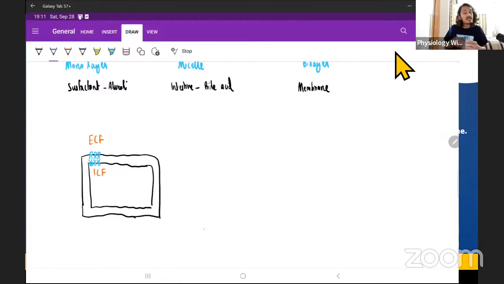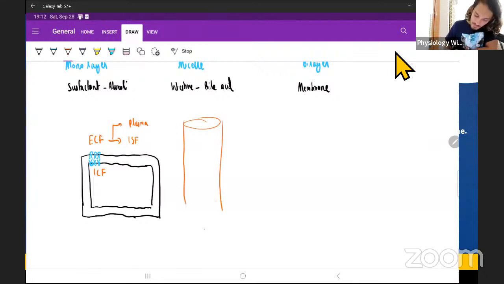And this extracellular fluid can further be divided into two compartments. That is your interstitial fluid and your plasma. So consider there is a blood vessel which is coming from here. Inside the blood vessel, the fluid which is there, that is your plasma.